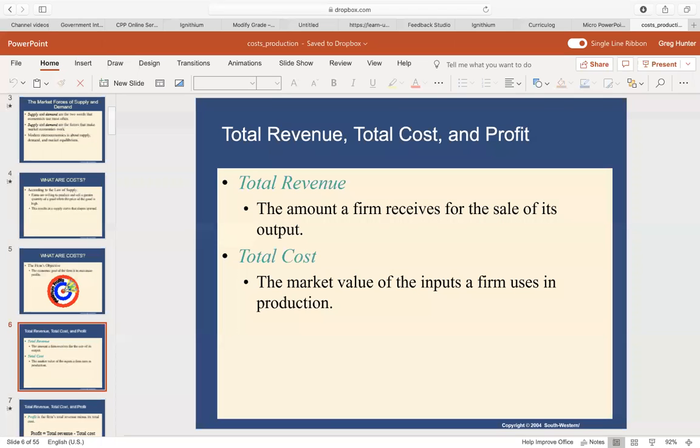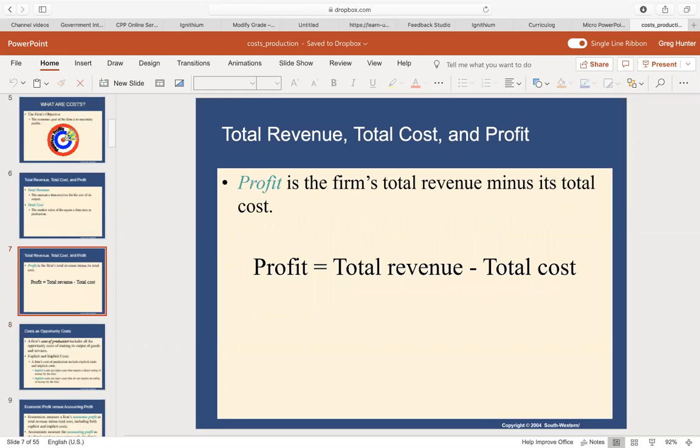Now, remember that profits are total revenue minus total cost. Total revenue is simply the amount that the firm receives from selling its output, and the costs are what the firm is going to pay for its inputs in the production process.